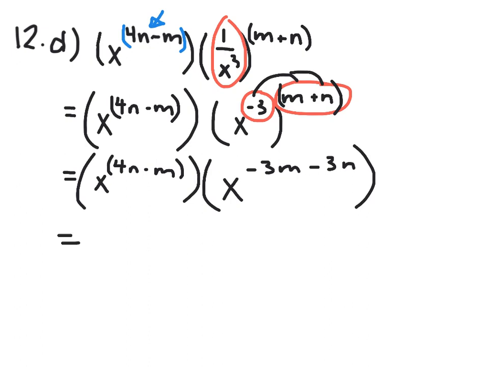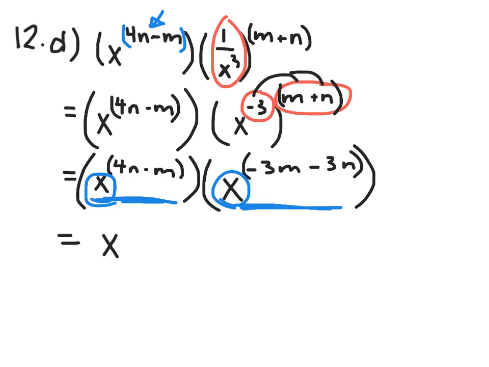Now, continuing this, I know how to multiply two bases that are the same. Both of these things, this in this bracket and this in this bracket, have the same base. They both have x as the base. So if I multiply two things with the same base, I keep the base the same and I add the exponents.